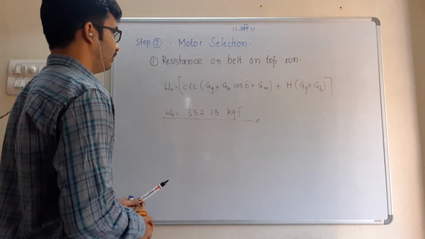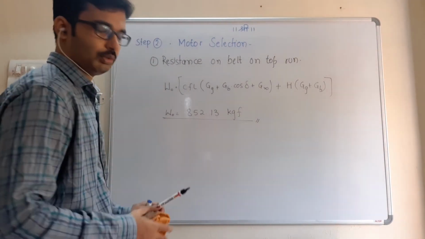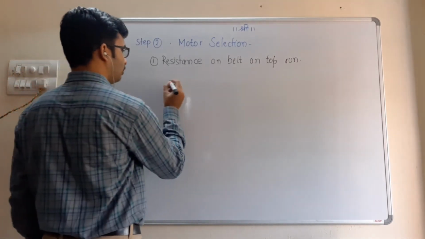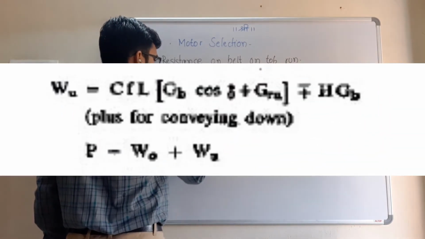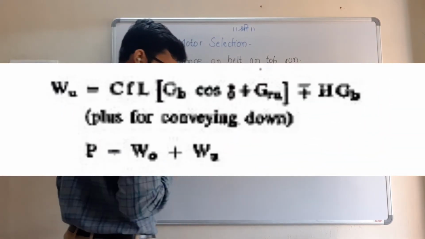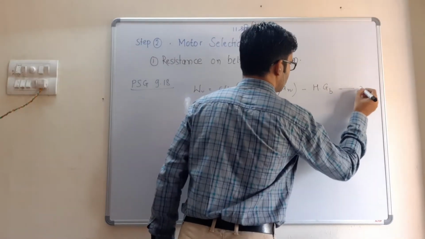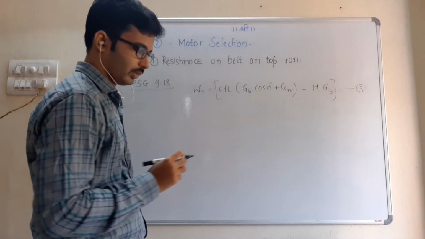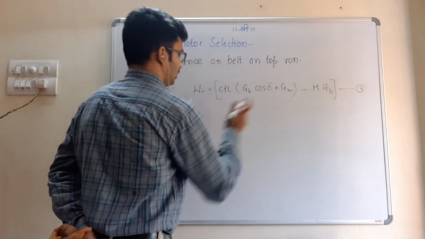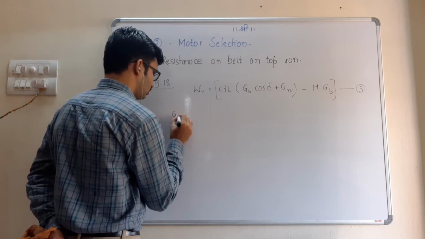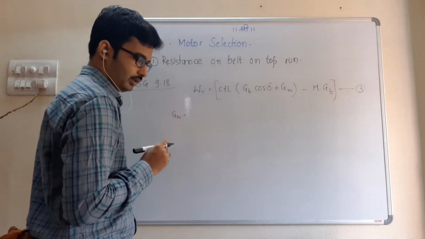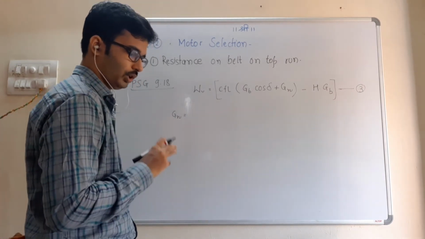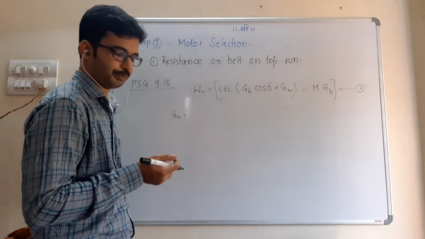Similarly we have to find out the resistance on the bottom run. So again from PSG 9.18 we have the formula WU, we will consider this as equation number 3, where GRU is weight of straight idlers on the bottom run per meter length.